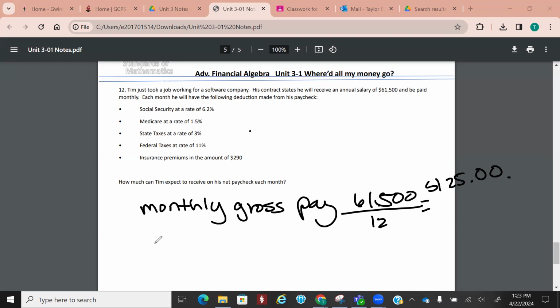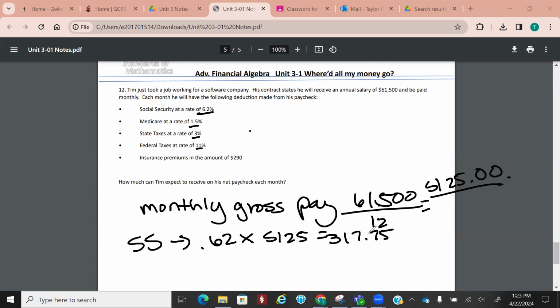Okay. Your Social Security is at a 6.2% rate. So we're going to take this number and multiply it by these percentages. So your Social Security is 0.062 times 5,125. And that's going to give me 317.75.